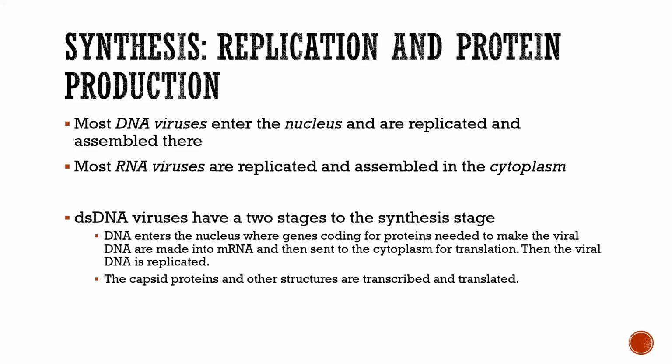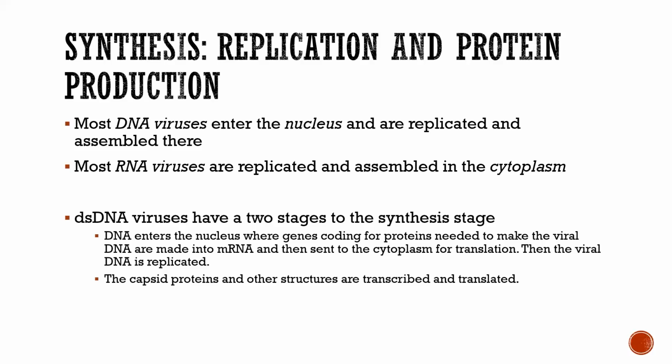The double-stranded DNA viruses have two stages to their synthesis. The DNA will enter the nucleus where genes coding for proteins needed are there, and they're going to make the viral DNA and make it into RNA. Then it's going to be sent to the cytoplasm for translation, and the viral DNA can be replicated.